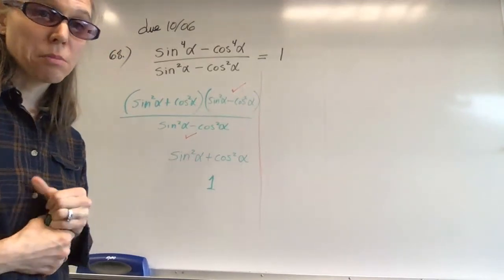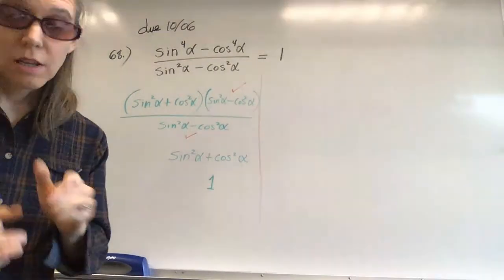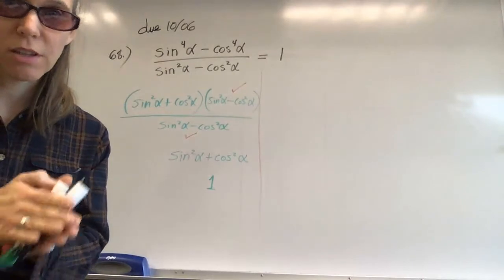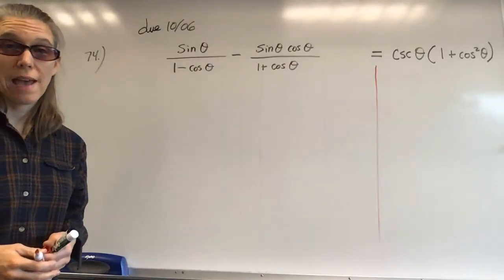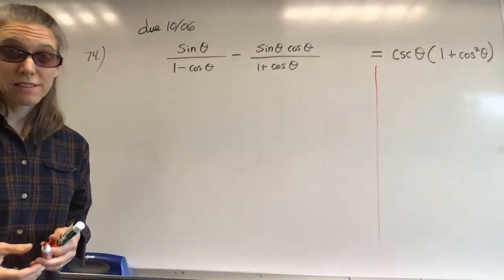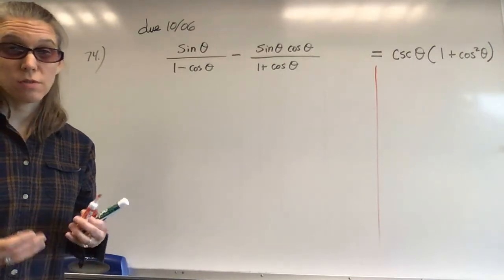And so the last problem I'm going to do is number 74 to complement your assigned problem number 73. Okay, here's number 74, and as I recommended earlier, if you know you're going to have to multiply some fractions by other fractions, make sure you leave sufficient space.